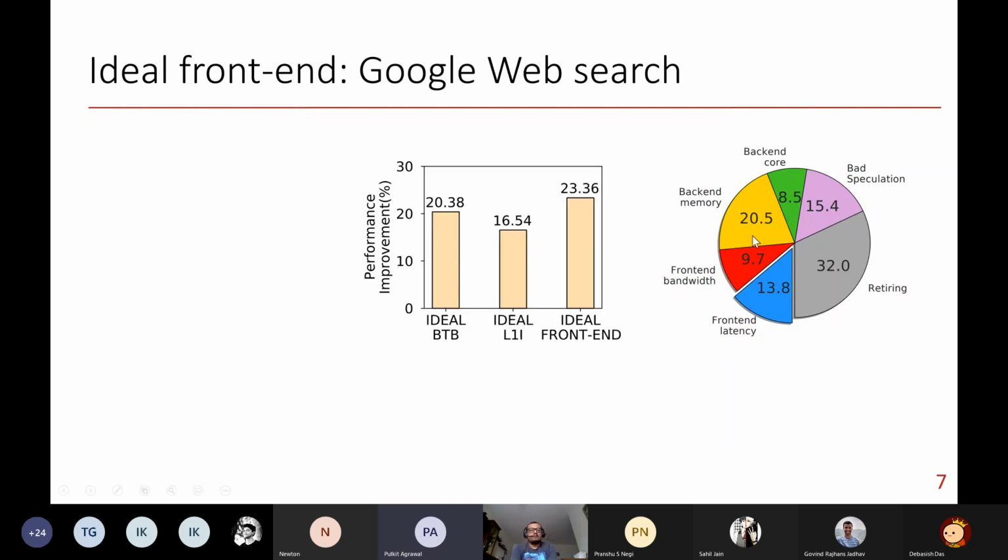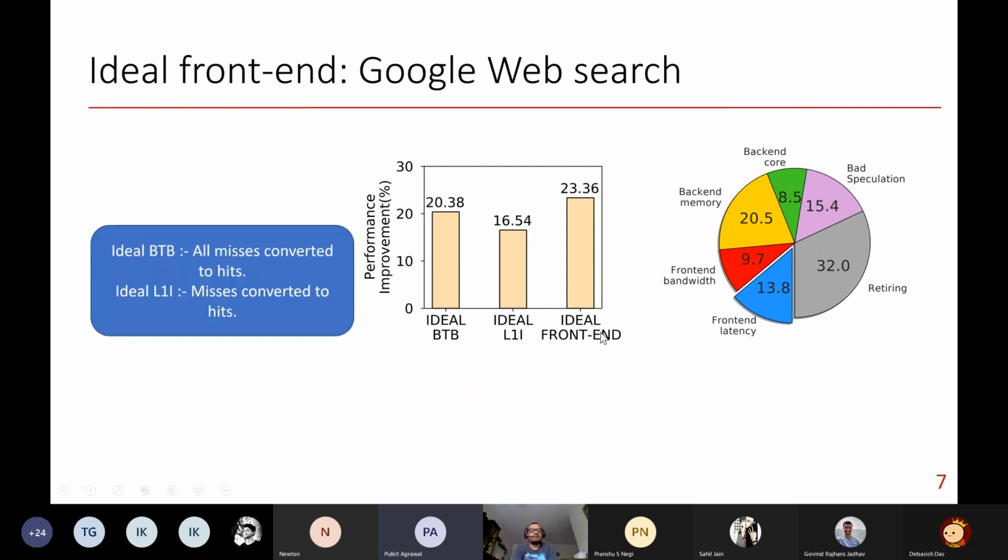So this is actually something that one of my students did. This plot is from one of his papers. It shows, if you have an ideal front end, which means the processor never stalls at the fetch stage, what will be the performance improvement with the state-of-the-art BTB designs and the L1I instruction cache design. And if you look at it, BTB plays a bigger role compared to the L1I.